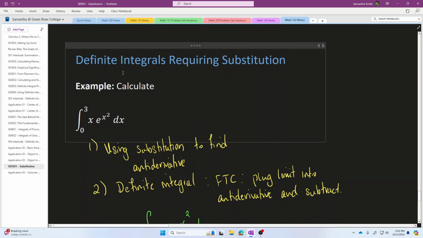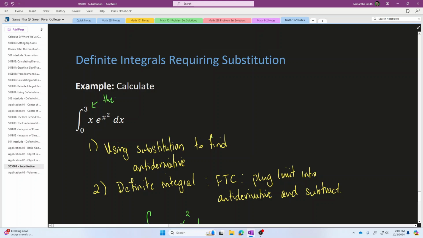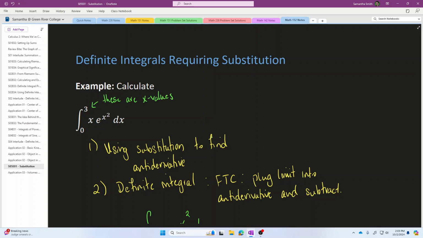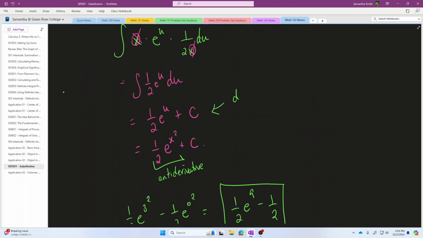I think the only thing to keep in mind when you're doing definite integrals using substitution is to remember that these values on the integral symbol, these are x values. So what you do not want to do is plug in u equals 3 or u equals 0 to this, right?